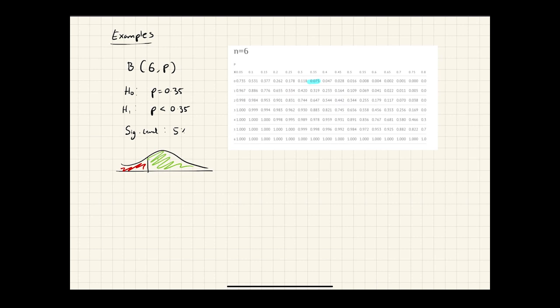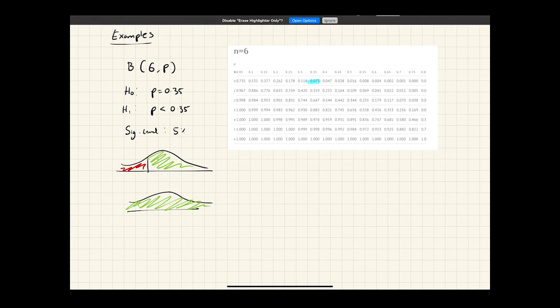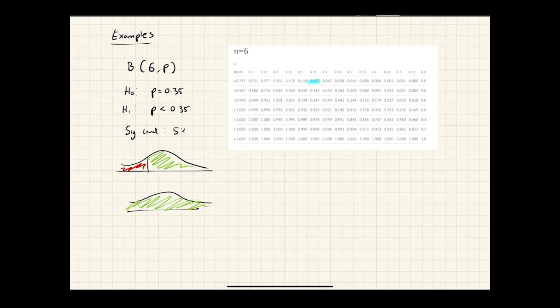So what this tells us in this question is, if that was a diagram, pretty much everything would be accepted at the 5% significance level. So in this case, it would be completely okay. So yeah, don't worry about that too much for now. Let's take a look at some other examples.